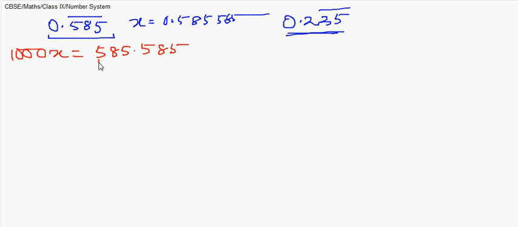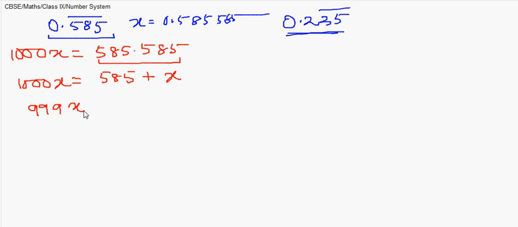Now this can be represented as 585 plus x. I again carry this x to the left, that makes 1000x minus x as 999x, equal to 585. Thereby I'm getting x to be 585 by 999.